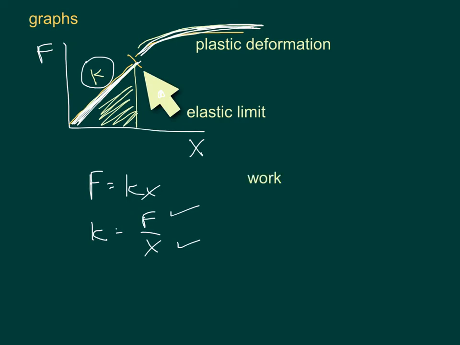So what's work? We've got work equals F times D as normal. And now I'd like you to think about two things. The first thing is that your F is going to be your average F from 0 to the top of your elastic limit. So if you're going to average 0 to F, your average is going to be F over 2.